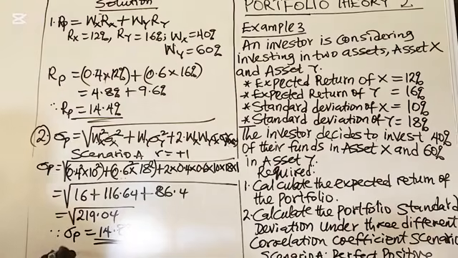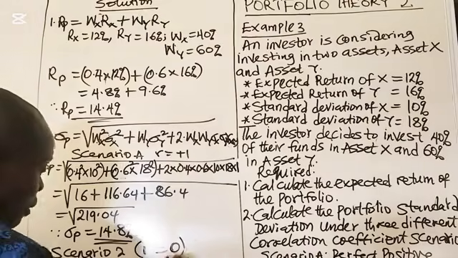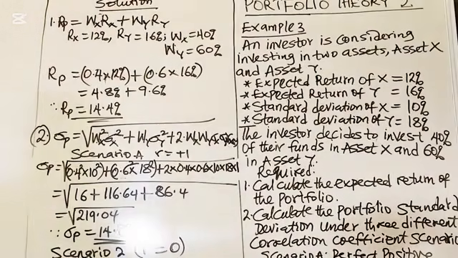So we want to consider scenario 2, where the correlation coefficient equals 0. That is zero correlation.